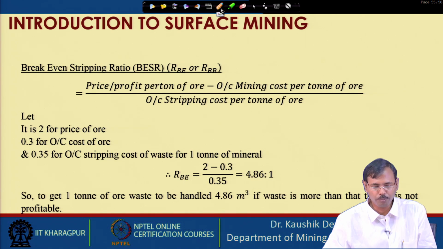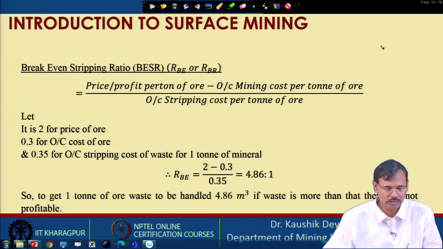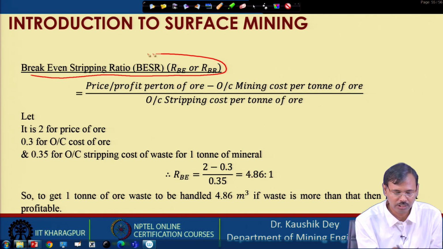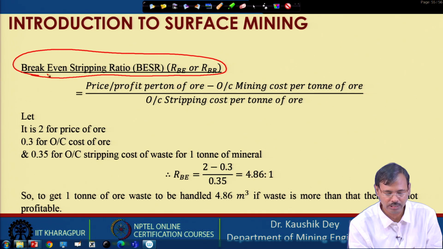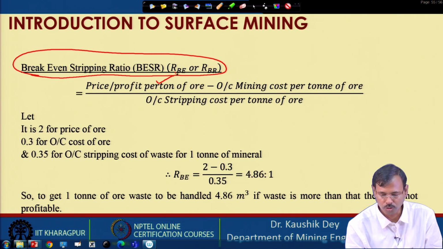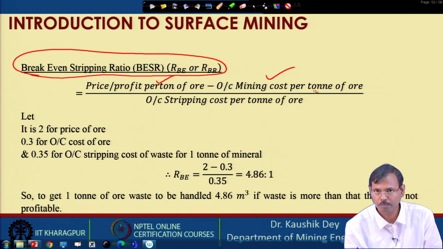The most important stripping ratio is named as the break even stripping ratio. Break even stripping ratio is defined as the profit per ton of ore minus the open cast mining cost per ton of ore, divided by the open cast stripping cost of overburden per ton of ore.